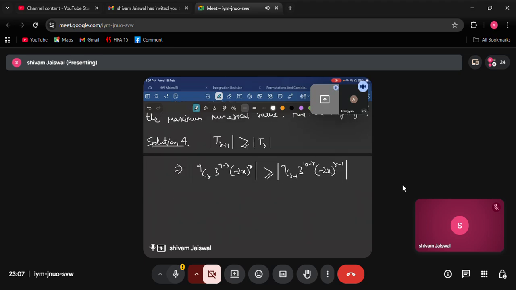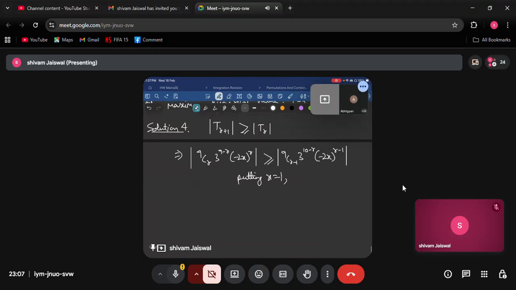Putting x equal to 1, what do we get? Mod of 9Cr. Since it is mod, nothing has to do with the negative sign.